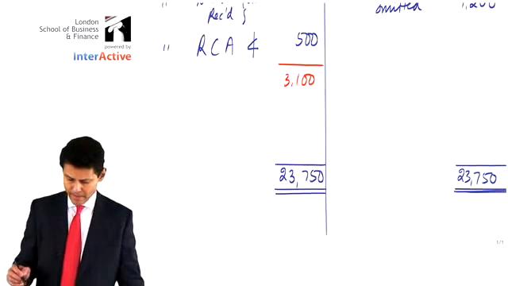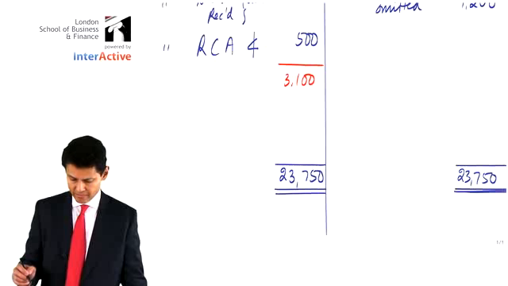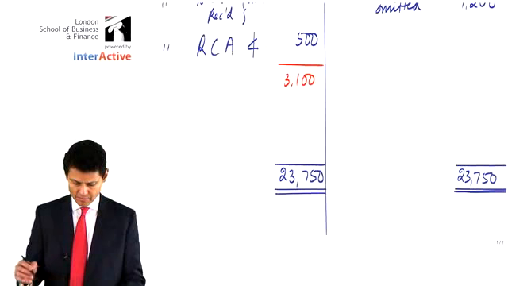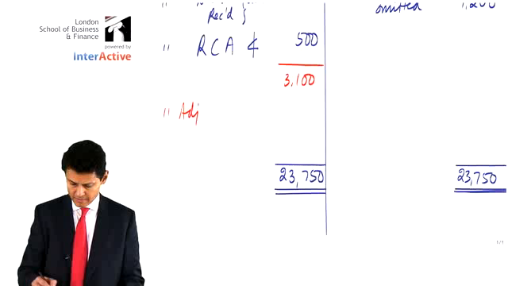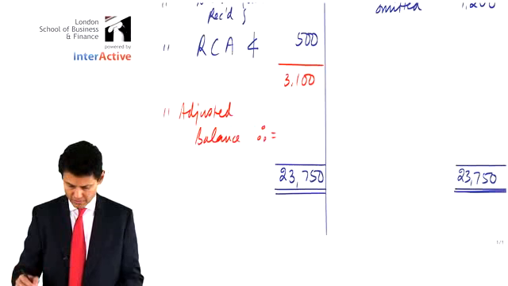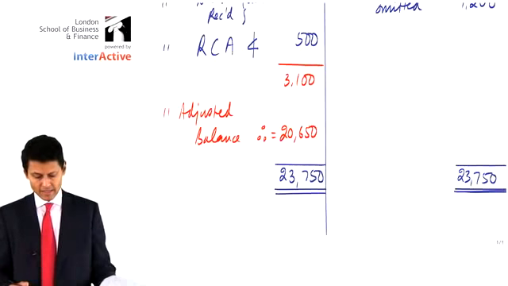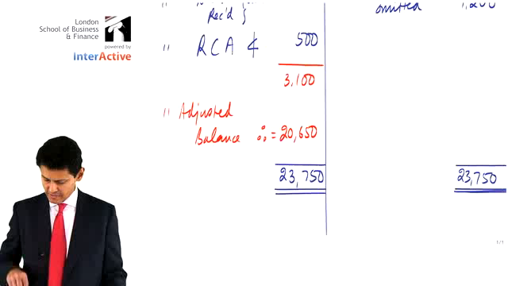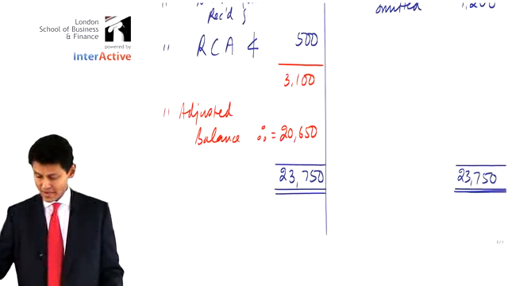I'll then compare that to the 23,750, and the difference is 20,650. So let's say the adjusted balance therefore equals 20,650. Have a quick look at the total as per the purchase ledgers. It's comfortable to see that it does reconcile.